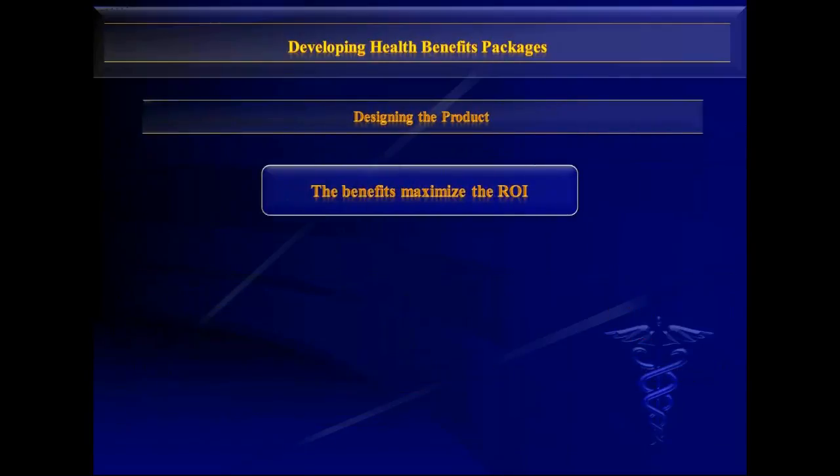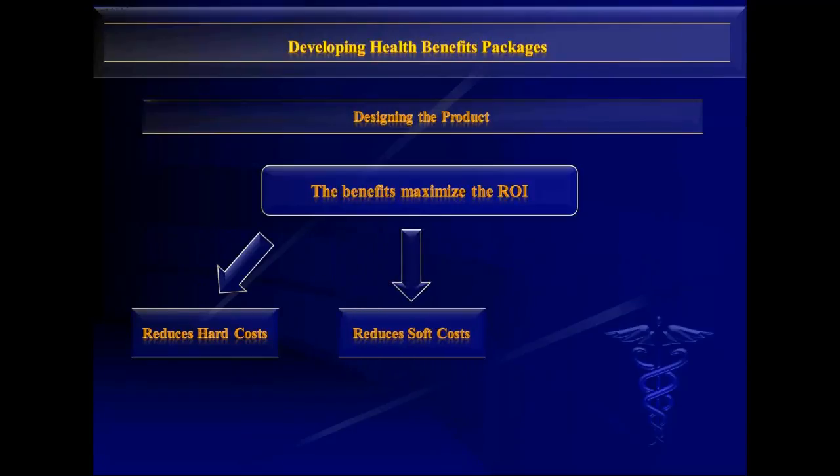Now that we know the return on investment in employees, we know the investment in employees, we know all the tangible and intangible costs in employees, and we know the quantified value of the intangible assets and of the knowledge, talent, and skill. We want to maximize that return. Okay, so we need a product that's going to reduce the hard costs, reduce the soft costs, and reduce the risk rate.